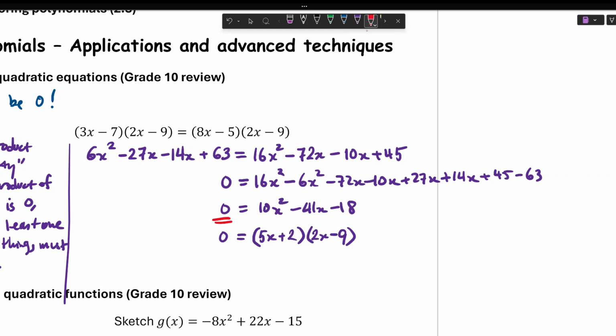You can check that 2 times 2x plus 5x times negative 9, that really is negative 41x, so that's correct.